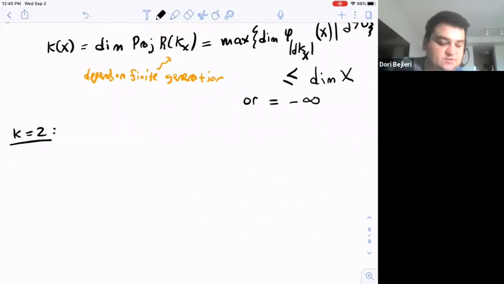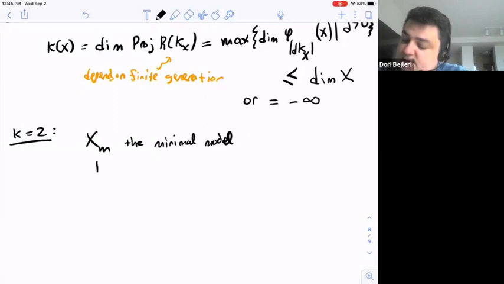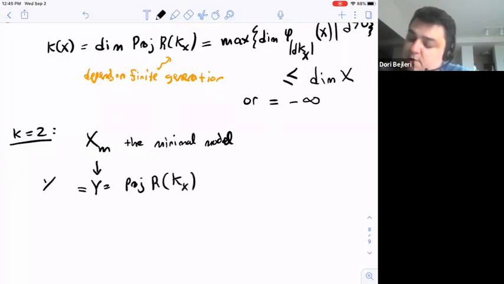So in Kodaira dimension 2, we'll call this X_M the minimal model. We'll call this Y, that's the Proj of the canonical ring. We'll call this the canonical model.